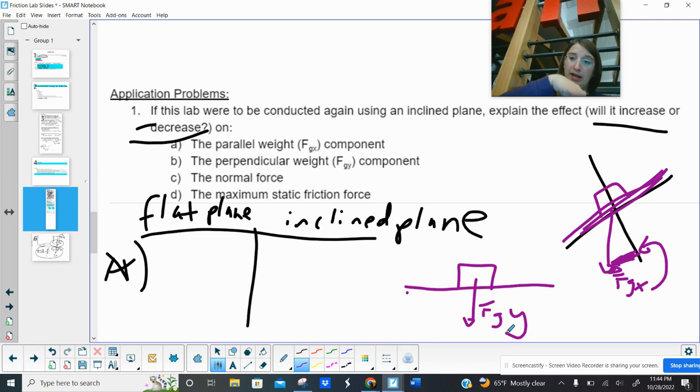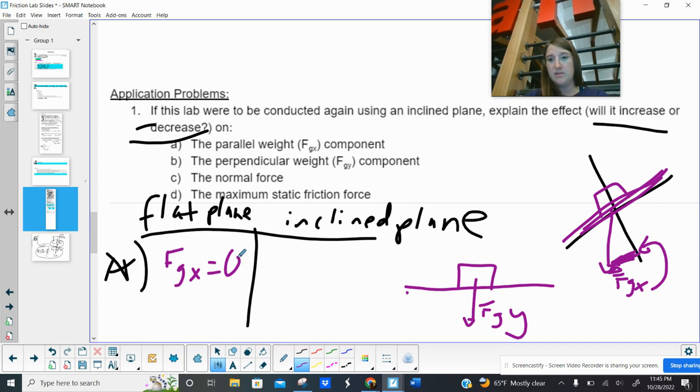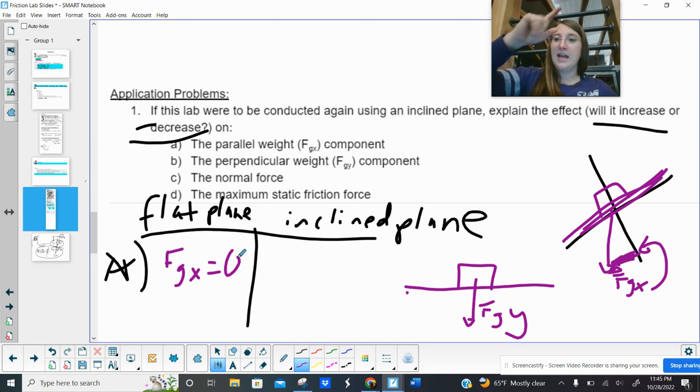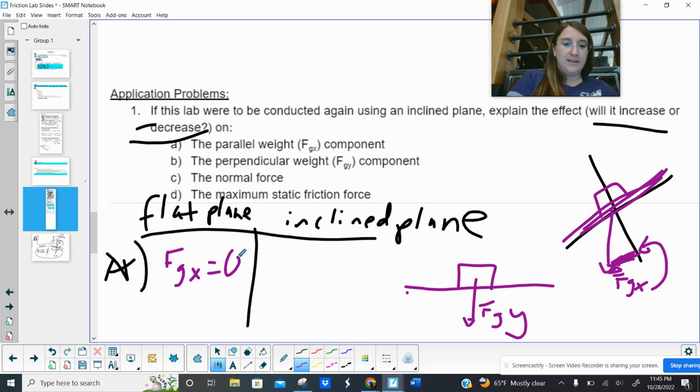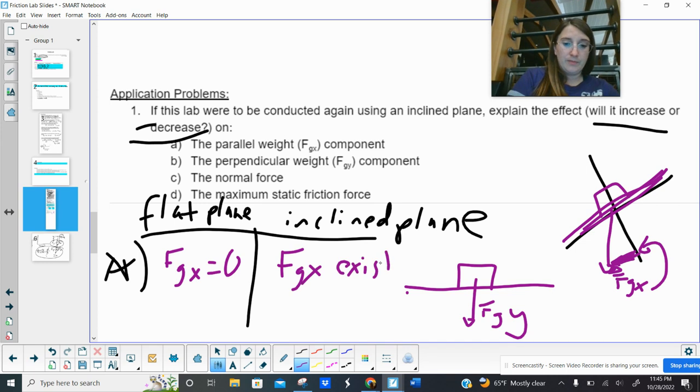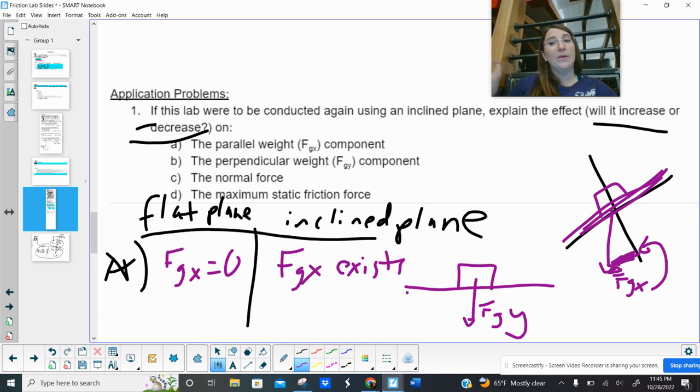So on a flat plane, like we just did, the parallel weight component is 0. It doesn't exist because I'm not parallel to my surface at all. When we start to tilt and go on an incline, then it does exist. So Fgx exists now. It didn't exist before, and now it does when you go on an incline.